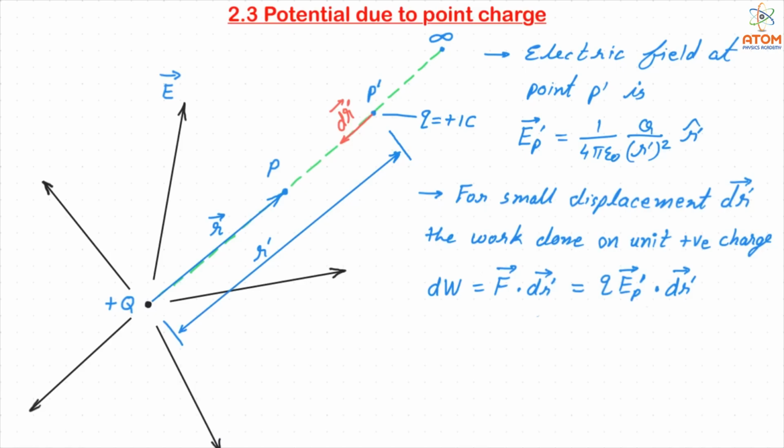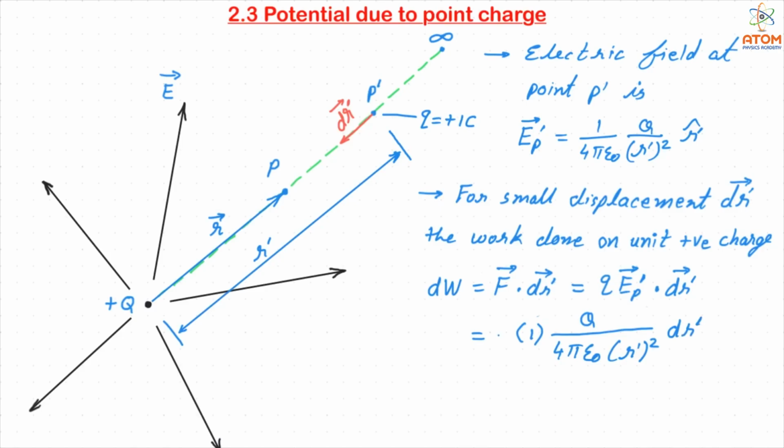Here q EP dash is the force on q charge, but our q charge is a unit positive charge, so I can place 1 at the place of q, and for EP dash we have already this equation. Now let me put q as 1 and EP dash is Q upon 4 pi epsilon 0 R dash square, dr dash.